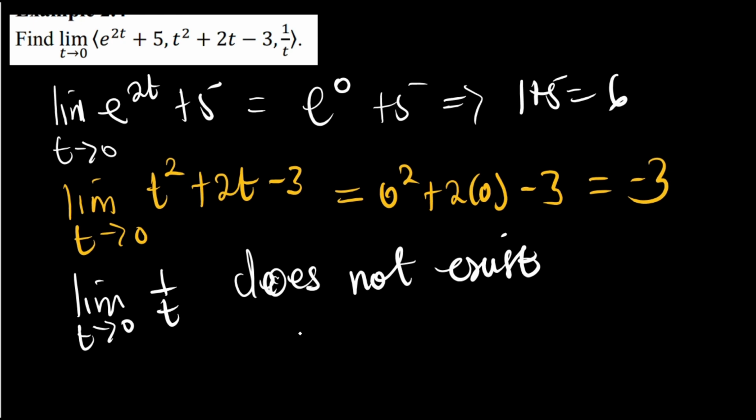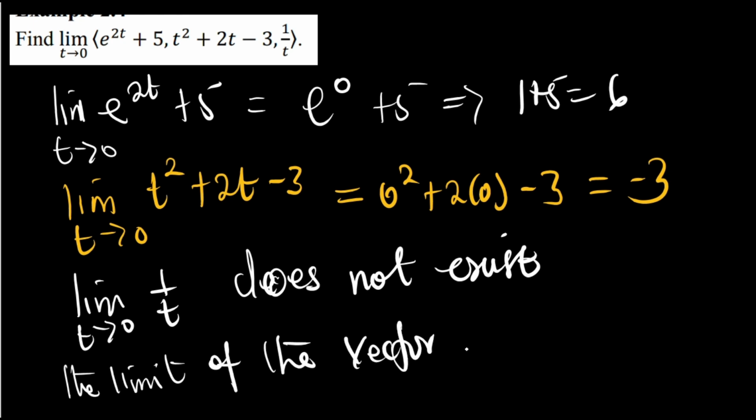Since one of the component functions does not exist, it therefore shows that the limit of the vector function does not exist.